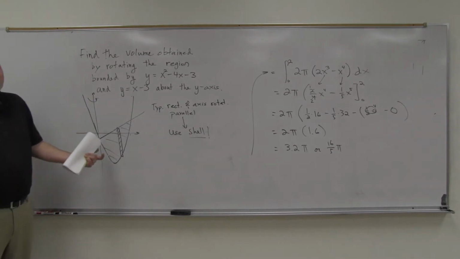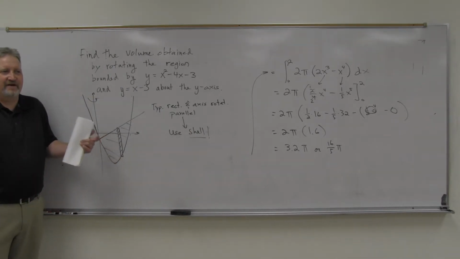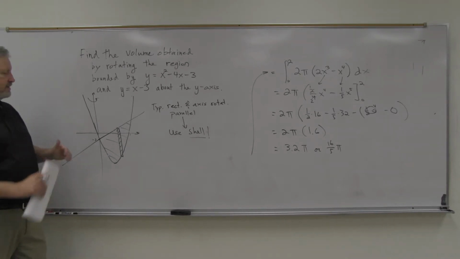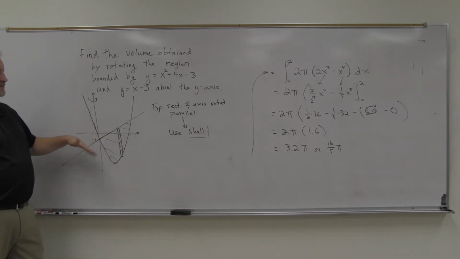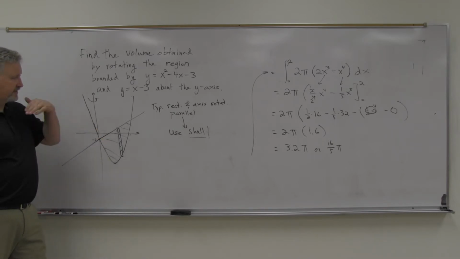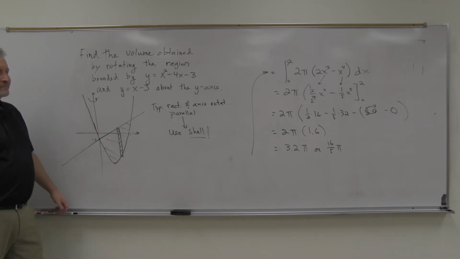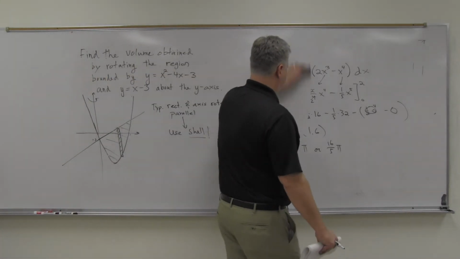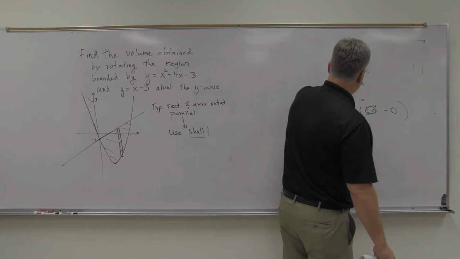So if it doesn't tell you which method to use, that's kind of what you think about. And if the axis of rotation is perpendicular to your typical rectangle, that's disk. Shell's parallel, perpendicular is disk. But it is shell.